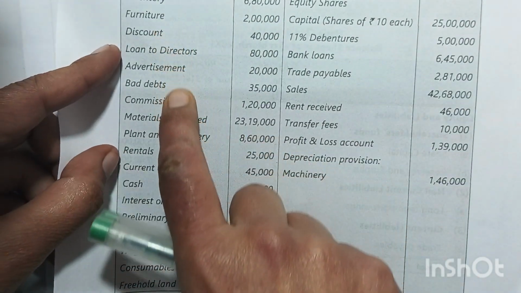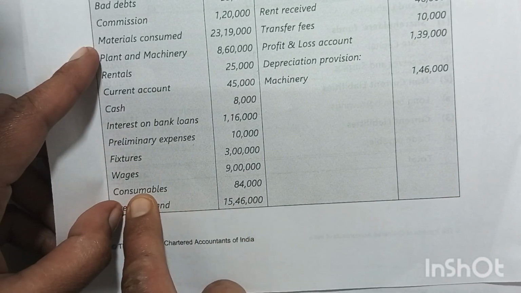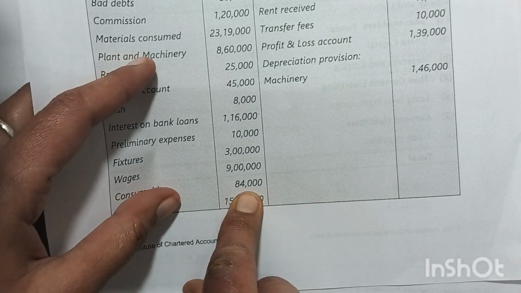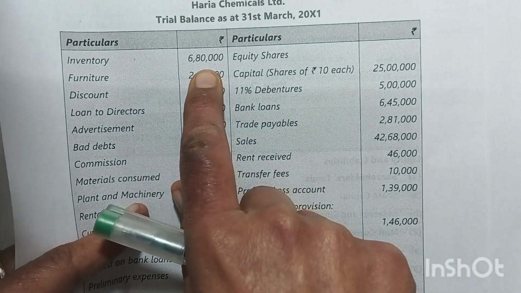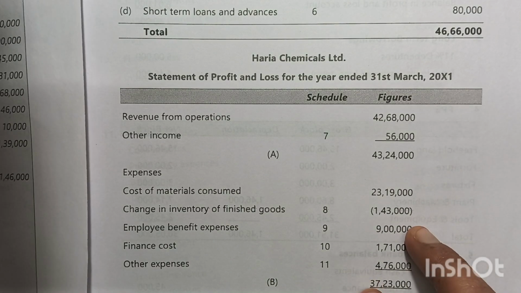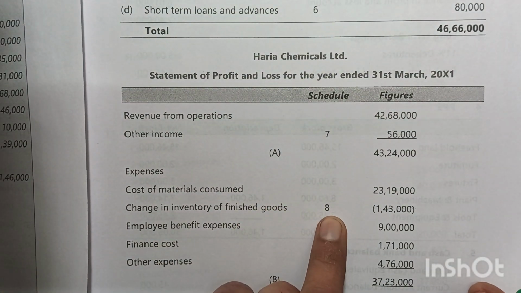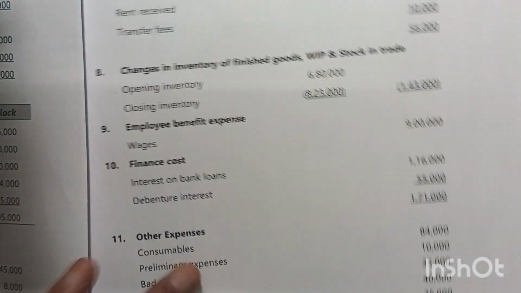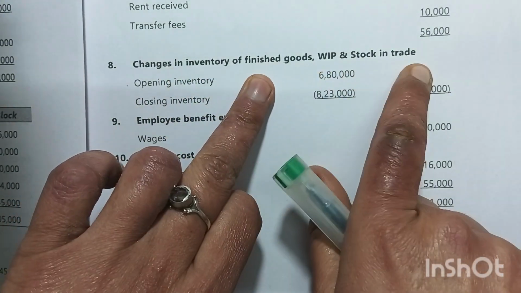Okay, now is any other information given regarding inventory? Here we are given the consumables, 84,000, and inventory 6 lakh 80,000. So let's compute the change in inventory of finished goods in note number 8. Here we are given the change in inventory of finished goods, work in process and stock in trade.